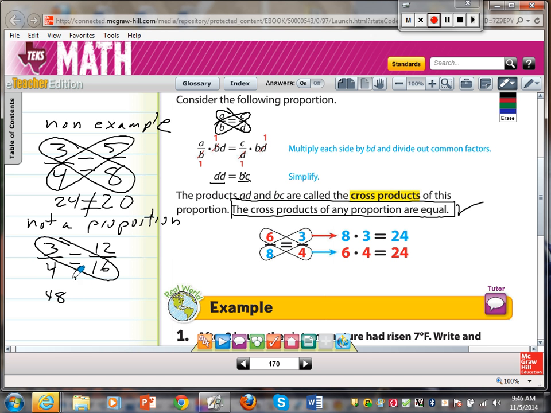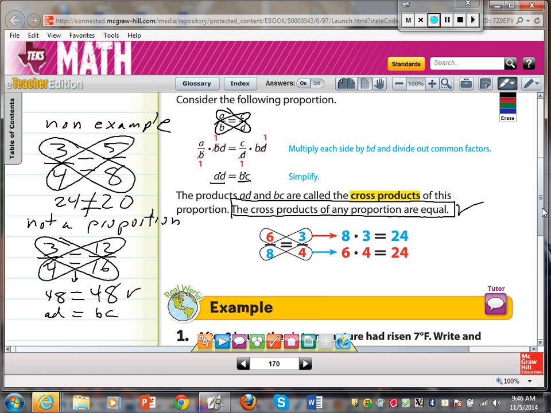We bring down our equal sign, then we do the cross product of BC. 12 times 4, well, that's 48. And then you check your cross products. The product of AD is equal to the product of BC. And if this is true, then you have yourself a proportion. So you can say that 3/4 and 12/16 are a proportion, and therefore they are proportional.